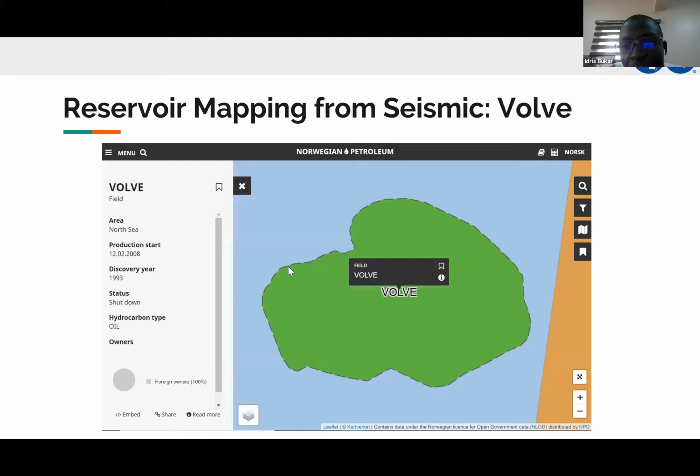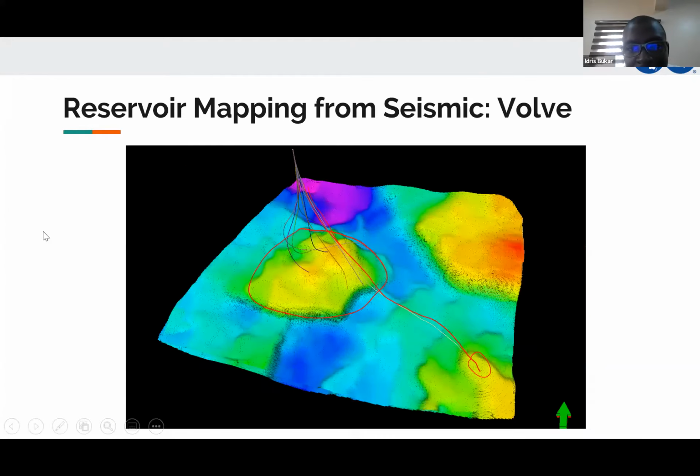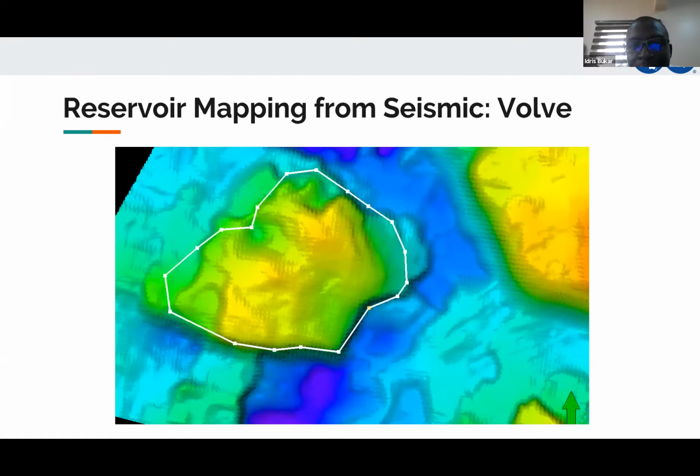So your boundary would be set at, so for instance, here, another thing I could do is, if I knew where the fluid contact is, I could create a flat horizon and fix the depth of that horizon to that particular figure, and then put it in here.